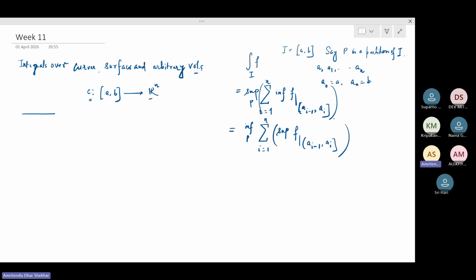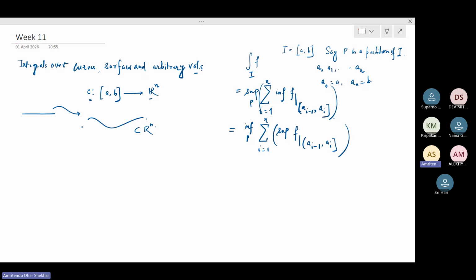Essentially what is happening is that you have this interval, which is getting mapped to some curve sitting in R^n. Now you have some function f, which is defined on this curve.